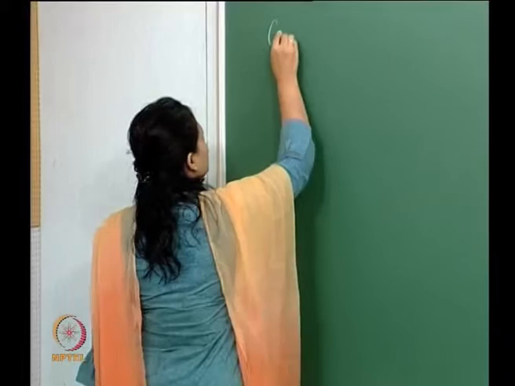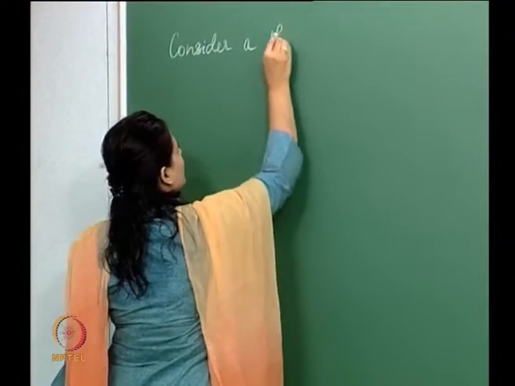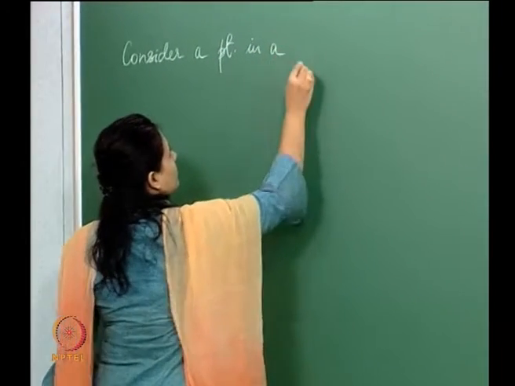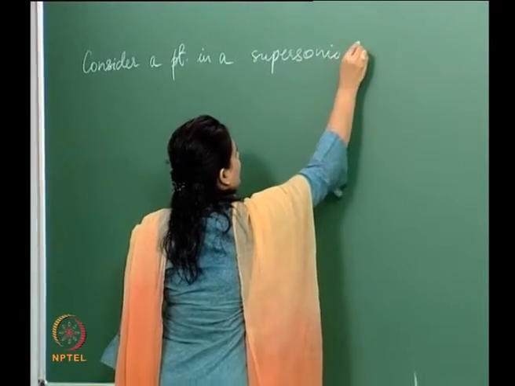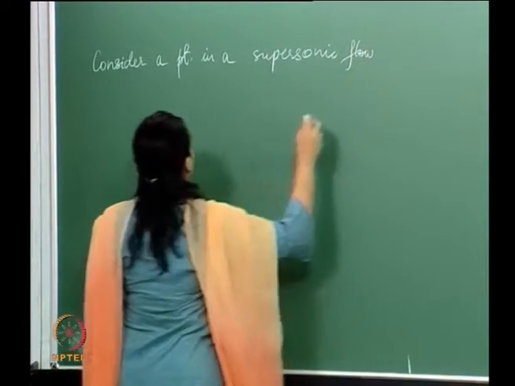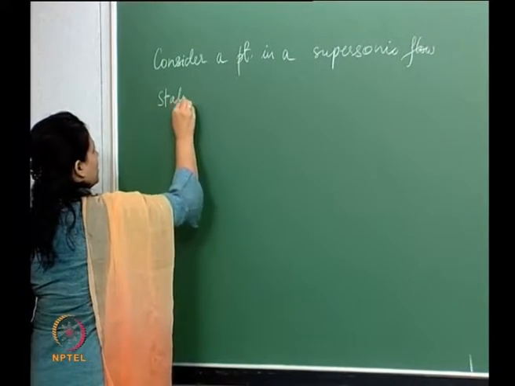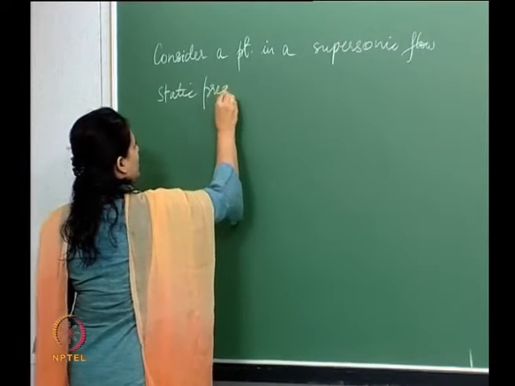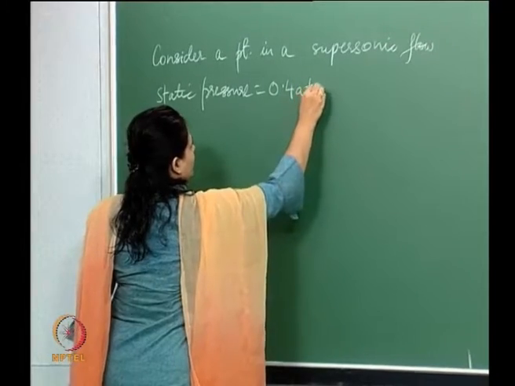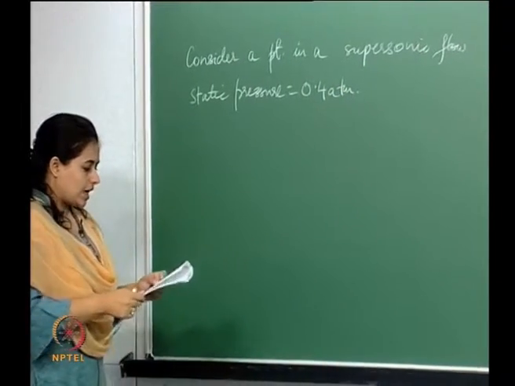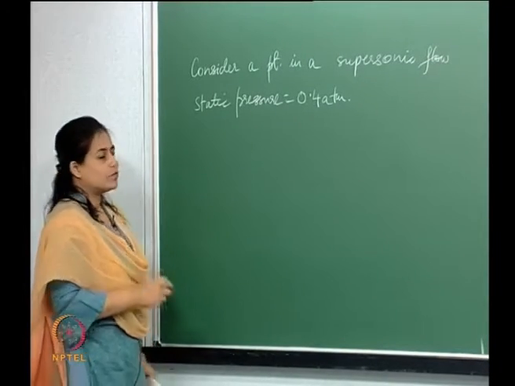So let us say you consider a point in a supersonic flow where the static pressure is 0.4 atmospheres, and then when a pitot tube is inserted at this point we get a pressure of 3 atmospheres.